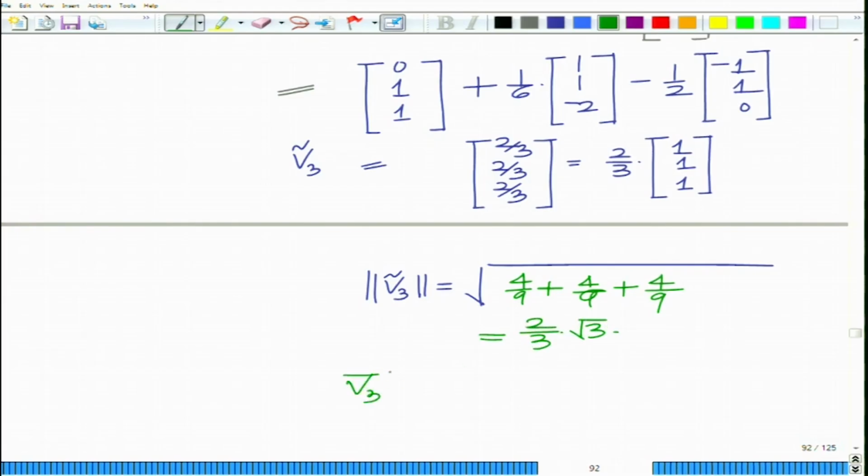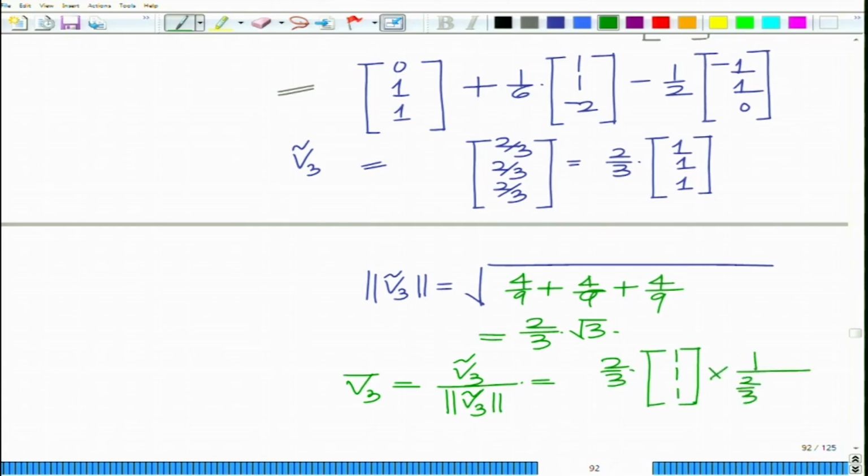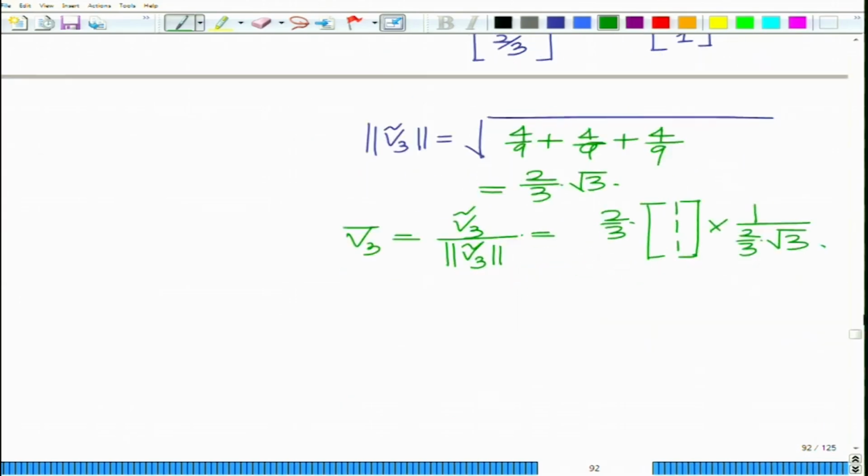And therefore, finally, V3 bar equals V3 tilde divided by norm V3 tilde, which equals 2 by 3 times 1 1 1 divided by the norm, 2 by 3 square root of 3, and that will be equal to 1 over square root of 3 times 1 1 1.